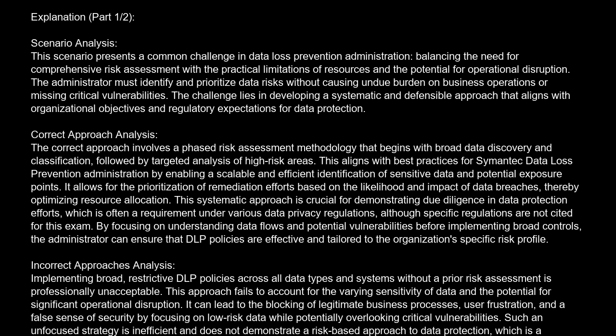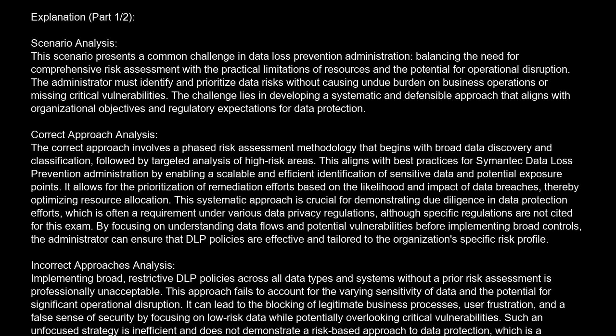This aligns with best practices for Symantec data loss prevention administration by enabling a scalable and efficient identification of sensitive data and potential exposure points. It allows for the prioritization of remediation efforts based on the likelihood and impact of data breaches, thereby optimizing resource allocation.